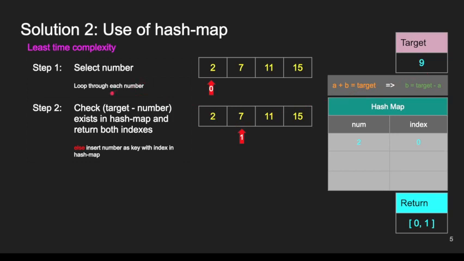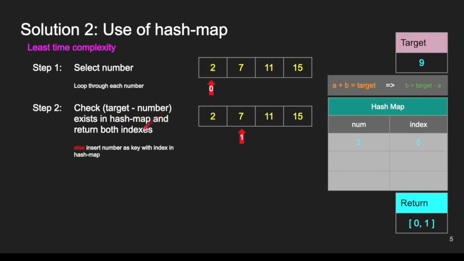So we'll have one loop that goes from the first index to the last index, and every time it sees a number, it will try to find it in the hash map by calculating the value target minus the number that it is on right now, which in the first iteration will be 2.